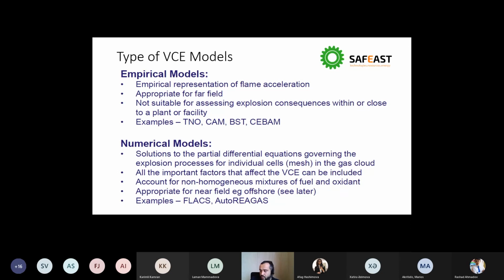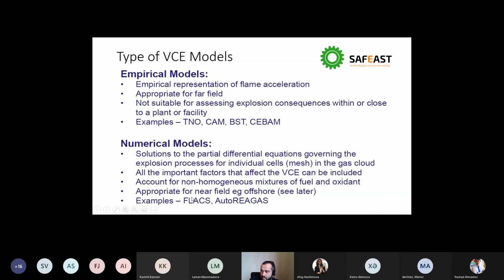Basically they define the gas cloud and divide it into individual cells, individual meshes, and that's why it's really appropriate for near field modeling, like when you do offshore modeling. One of the famous software tools is FLACS from the Gexcon company in the UK.